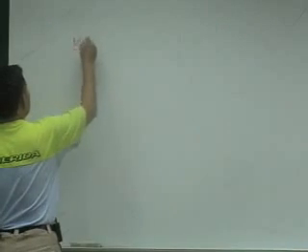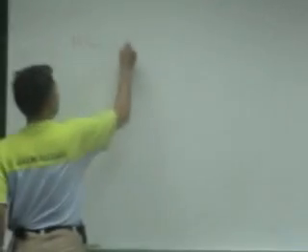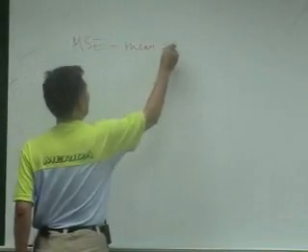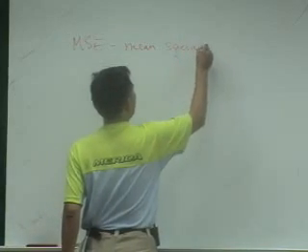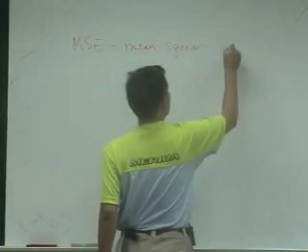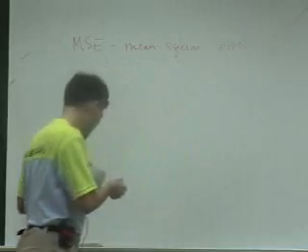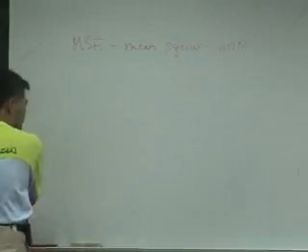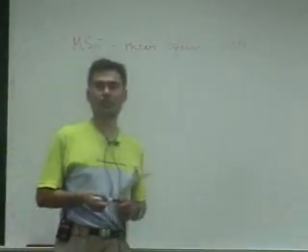How are you going to choose? The way to choose it is to use MSE. MSE is mean square error. Okay, mean square error. So now what is mean square error?